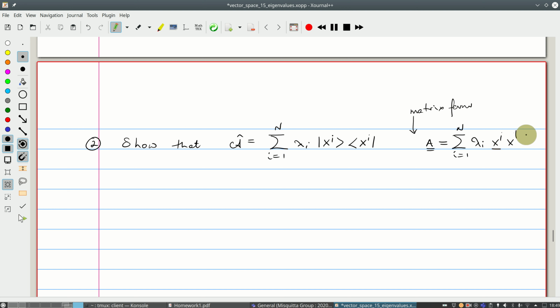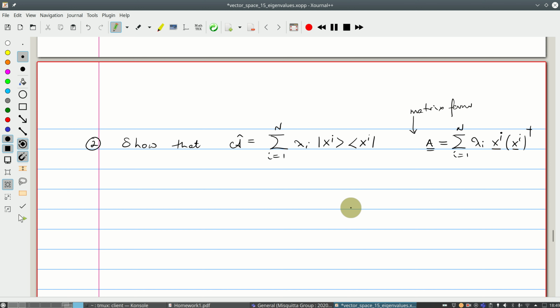Oops, I think I need a parenthesis for this, otherwise we have two operations in the superscript. Right, we're going to show this.